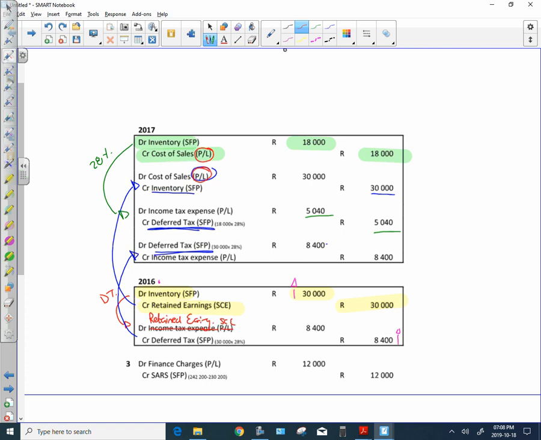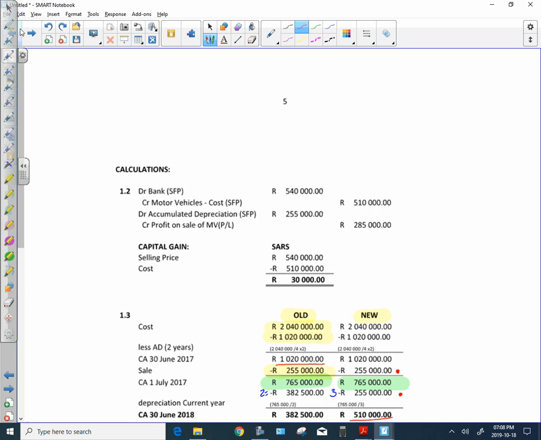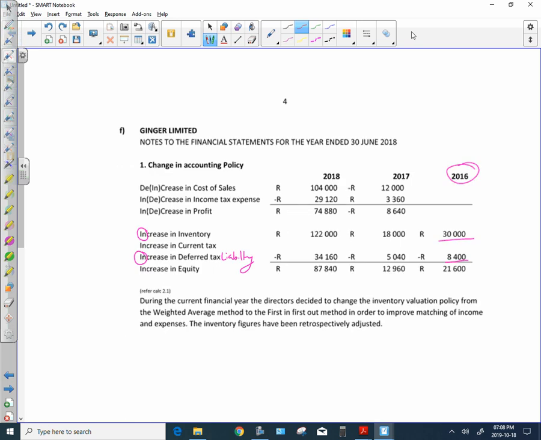That means the net effect on cost of sales this year was a credit of 18 and a debit of 30. Do you agree that's a net debit of 12,000? What is a debit to cost of sales? Increase or decrease? Increase. And an increase in cost of sales means a decrease in profit. Agreed? Right, so looking at my note, you'll see that I have an increase in cost of sales.